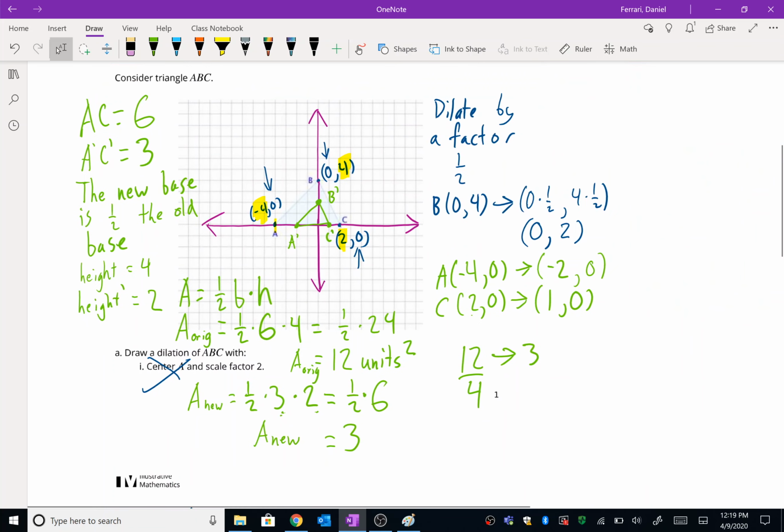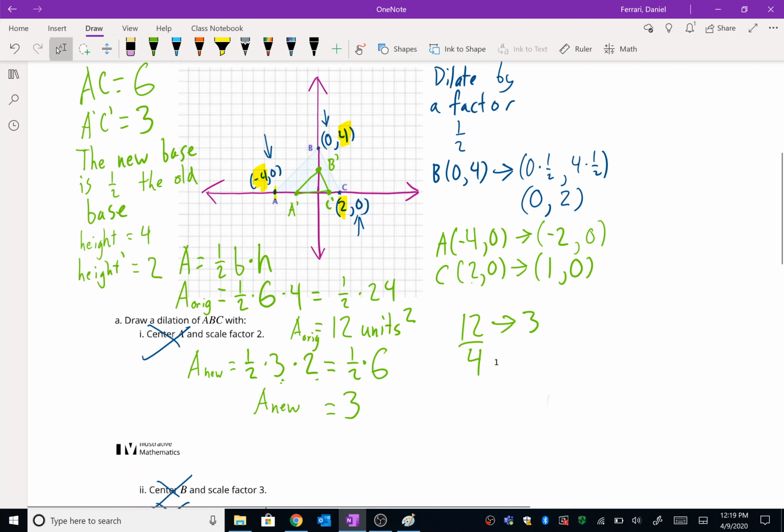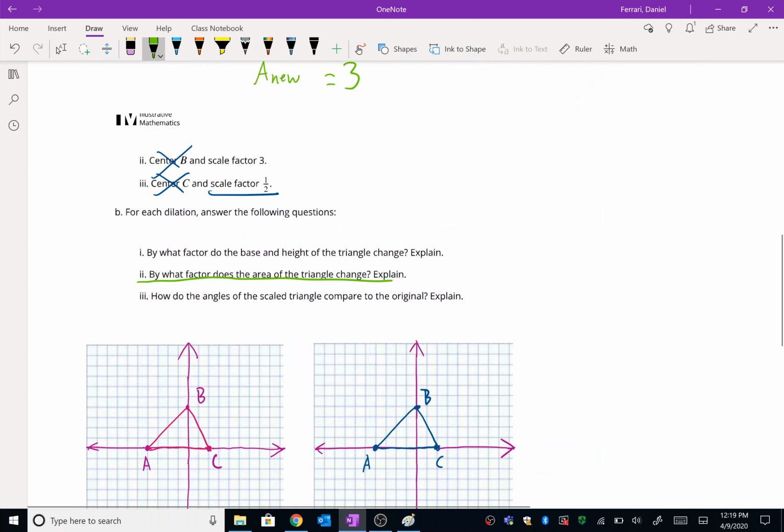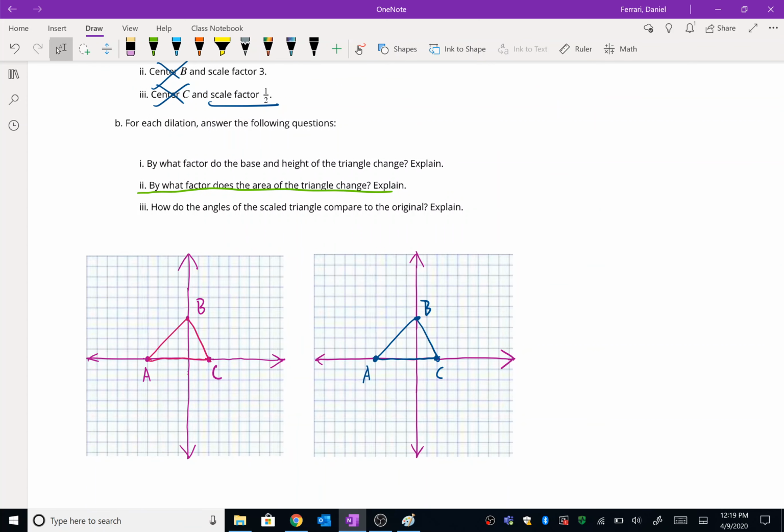As I said, you are going to do number 1 and number 2. You're going to take the exact same triangle, ABC, and scale it with a factor of 2. And on 2, you're going to scale it with a factor of 3. So draw those triangles. Recreate the original triangle down on the graphs below, and then repeat the exact same process we did.